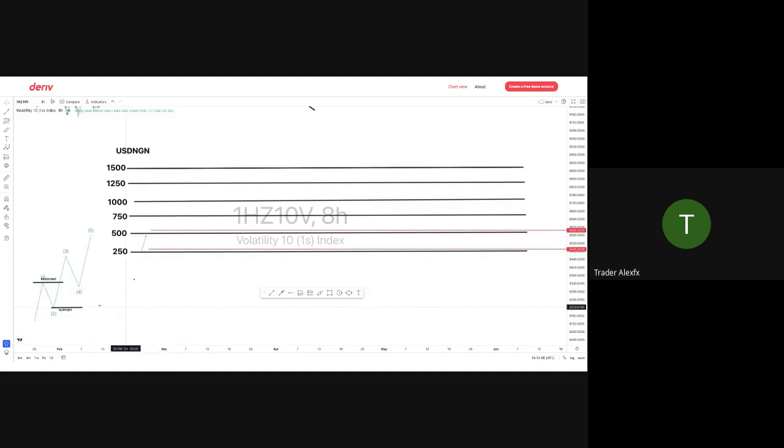Are you following me, guys? So, as I was saying, there's a particular thing pushing it up, and what is pushing it up they call support, and what is pushing it down they call resistance.